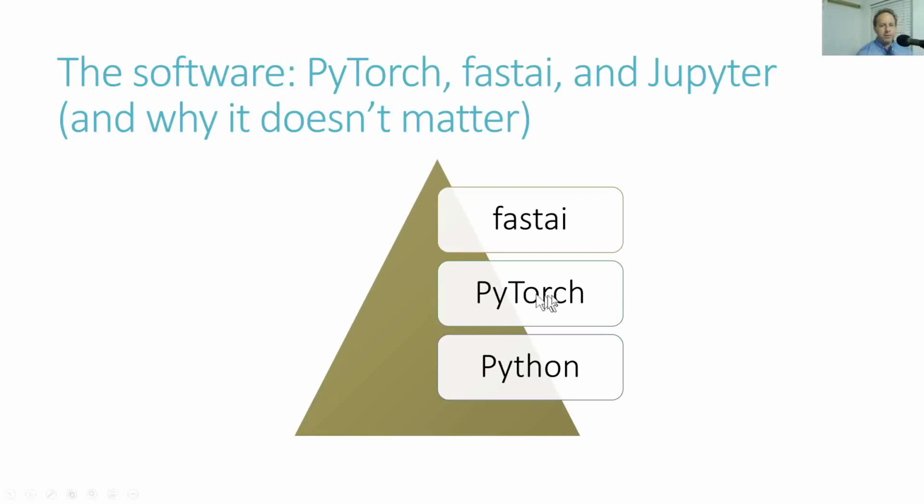This other software called PyTorch came along that was much easier to use and much more useful to researchers. Within the last 12 months, the percentage of papers at major conferences that use PyTorch has gone from 20% to 80%, and vice versa. Those that use TensorFlow have gone from 80% to 20%.